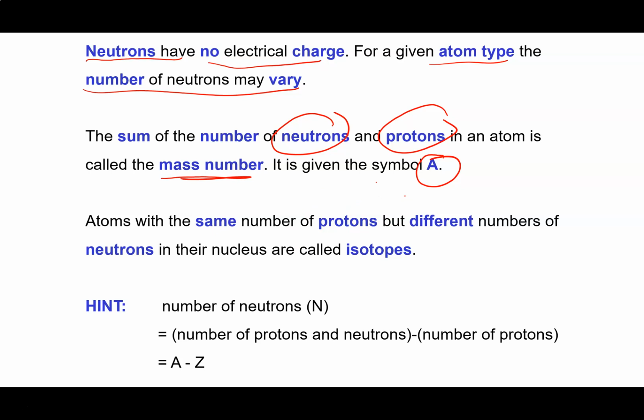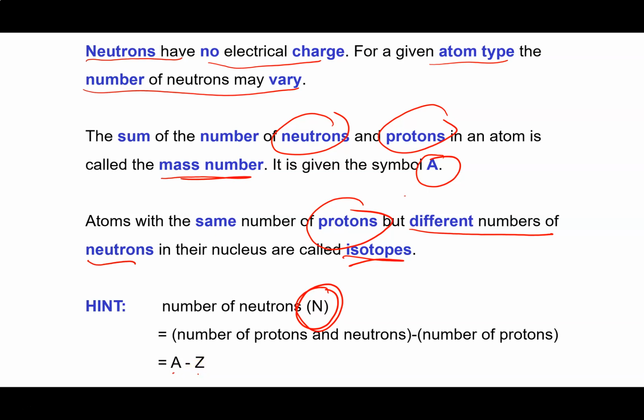Okay, so atoms that have the same number of protons, that is, atoms of the same type, but they have different numbers of neutrons, are called isotopes. And so what we can do is recognize something that's really helpful. The number of neutrons in a particular isotope, or particular kind of atom, is just equal to the mass number, the big number, minus the small number.